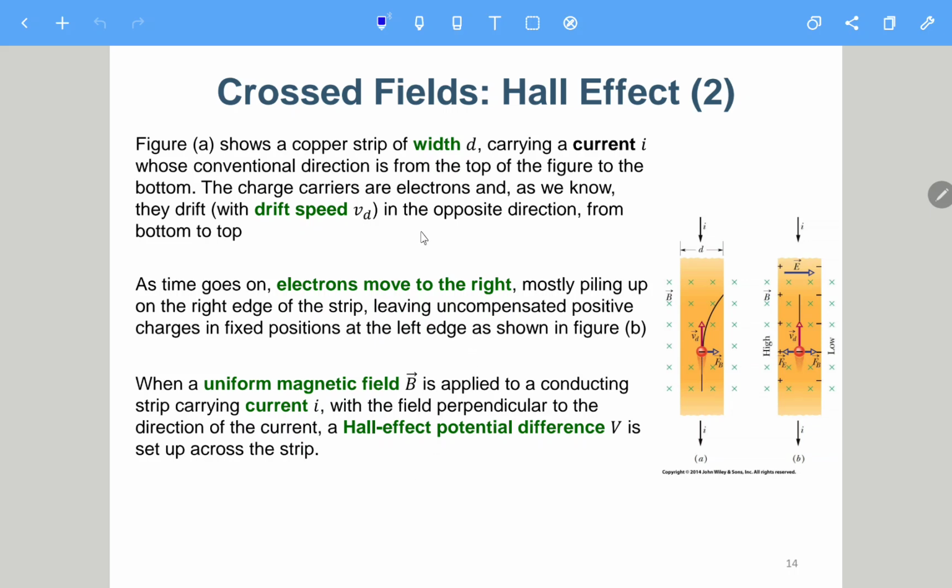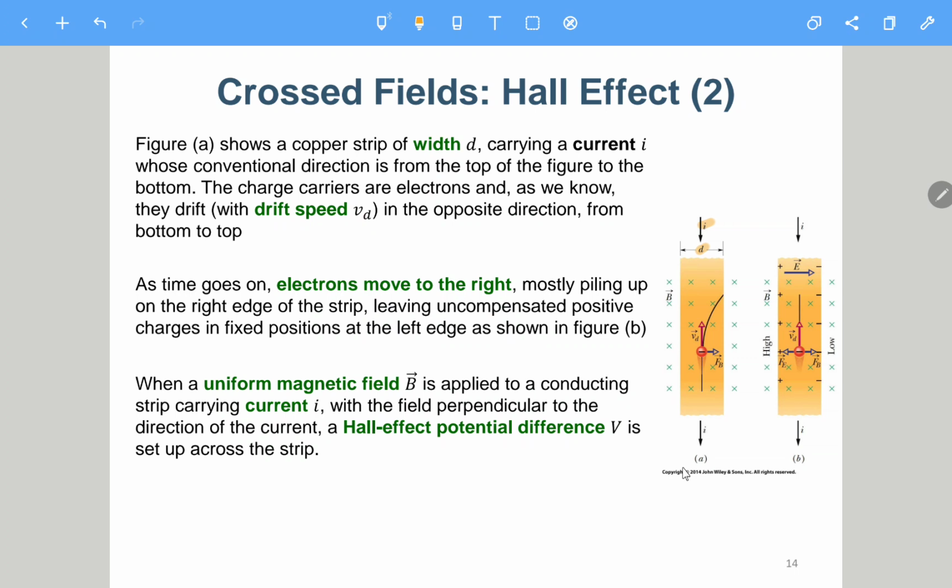Here, a copper strip with width D, this is the width, carries a current I whose conventional direction is from the top to the bottom.